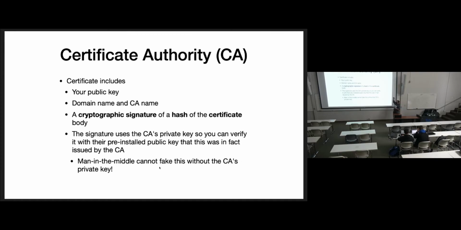So you take the cert, hash it, minus the hash itself, and make sure that matches the hash to make sure that certificate has not been tampered with. And then you take the signature, decrypt it with the CA's public key, and make sure that signature checks out as well. If both of those things check out, you have a valid certificate, and you can use that public key in that certificate to communicate with this server.